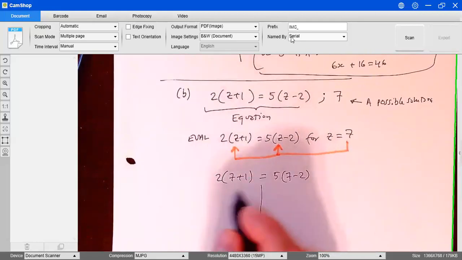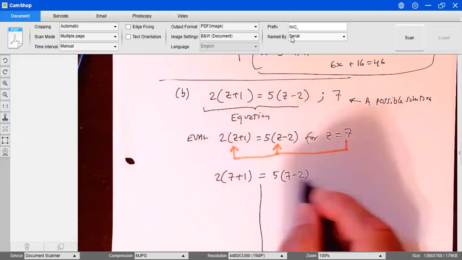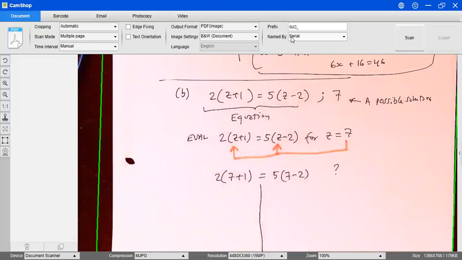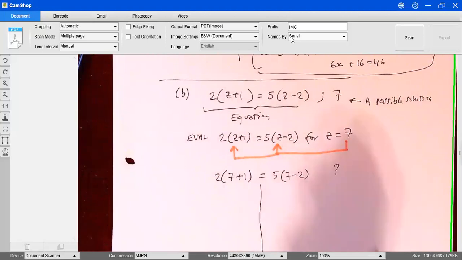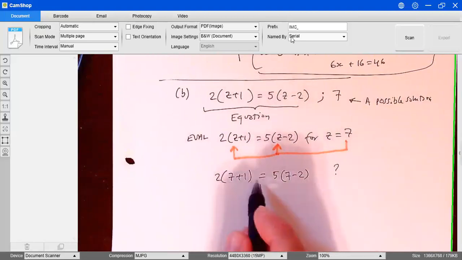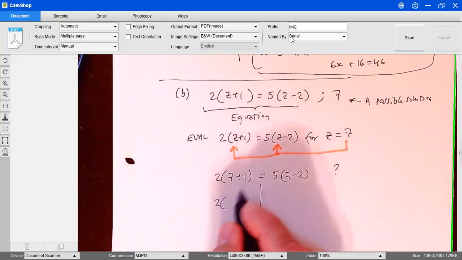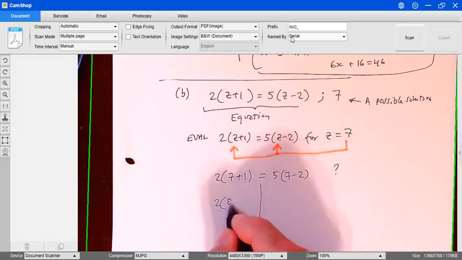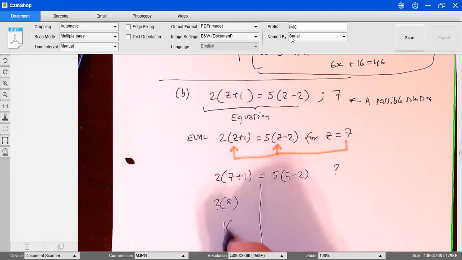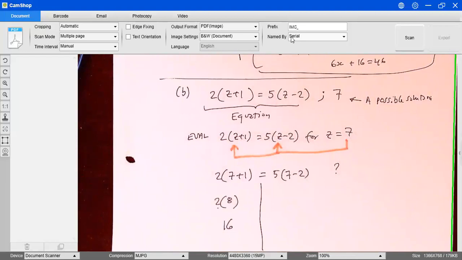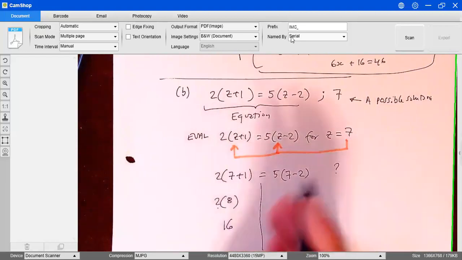So let's work on the left-hand side. We don't know whether this is true or not yet, so that's what we're going to verify. We start with parentheses. 7 plus 1 is 8, and 2 times 8 is 16. So that's the value I'm going to get from the left-hand side.